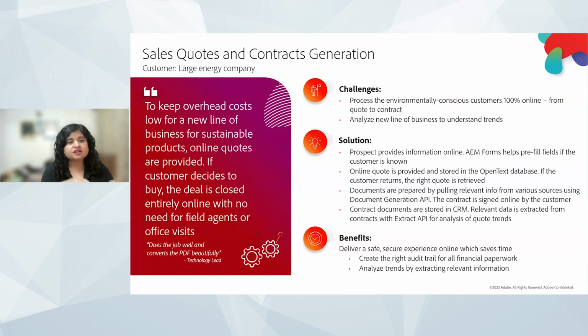But with Adobe, with the document generation solution and the signing solution together, they were able to ensure that 100% of their customers moved online and were able to create quotes for themselves by giving information online. How did this help them?